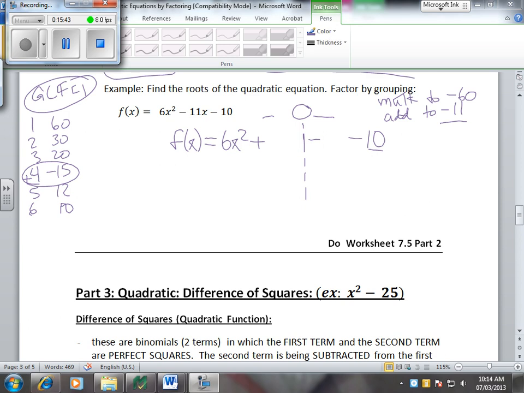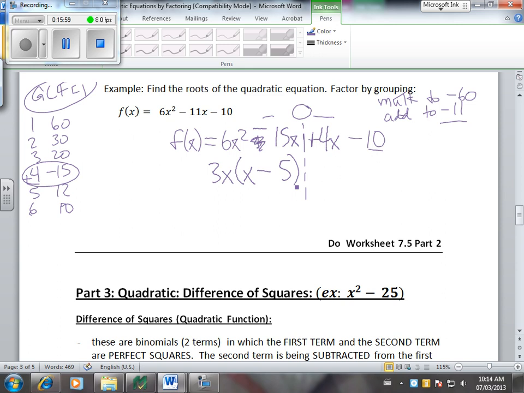erase there, and then I'll put my positive 4x here and my negative 15x here, and let's see what happens. So here I can take out 3x, I have x minus 5 left, and here I can take out 2, and I end up with 2x minus 5, and sorry, my 2 is here, because 3x times 2x is 6x squared.